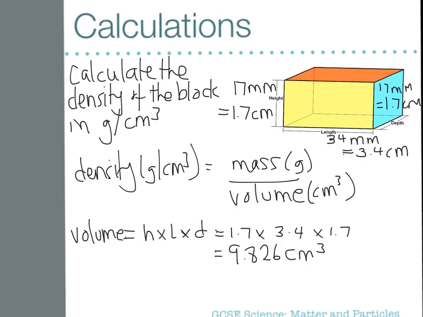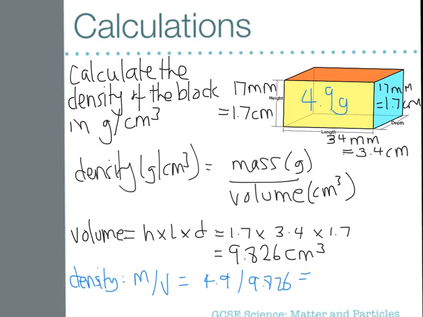Now, if the mass of our block happens to be, say, 4.9 grams, then we can start to work out our density. So density is mass over volume, so 4.9 divided by 9.826.